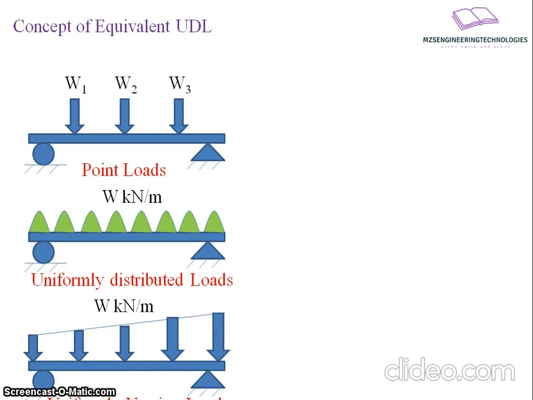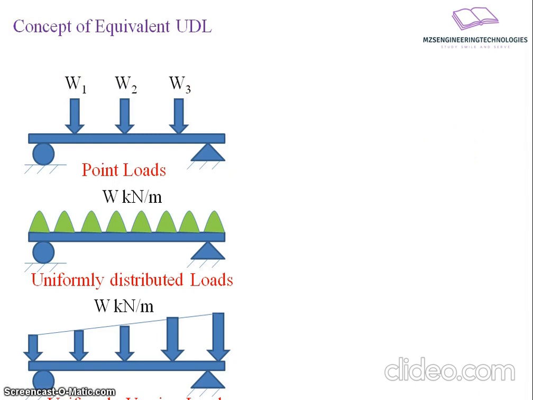When the response is to be ascertained with reference to a series of point loads, it becomes a tiresome job, as the individual effect of the wheel point loads has to be considered, and it requires a cumbersome exercise.